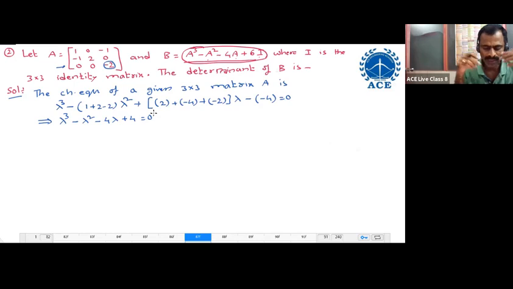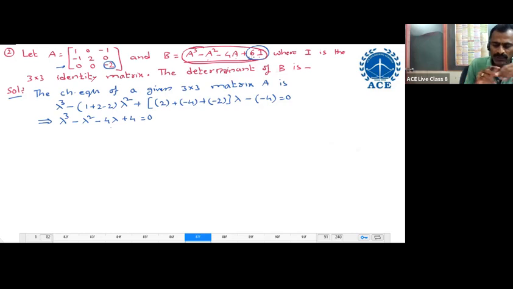If you solve for lambda, we get the lambda values, and if you know the lambda values, we can get the eigenvalues of B also. That is one method. But before solving this equation for lambda values, observe all the terms in the characteristic equation and in the B matrix. A cube, lambda cube, same. A square, lambda square, same. 4A, 4 lambda, same. Only this term is different.